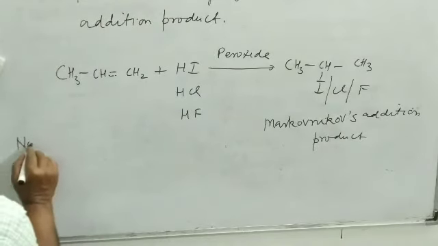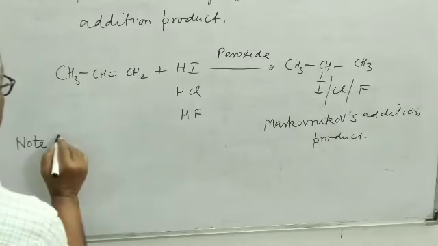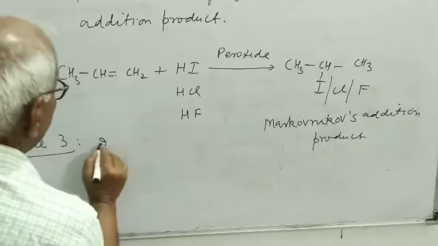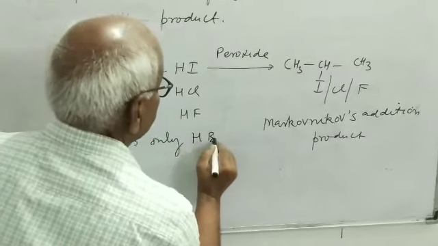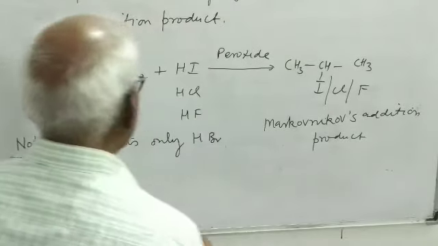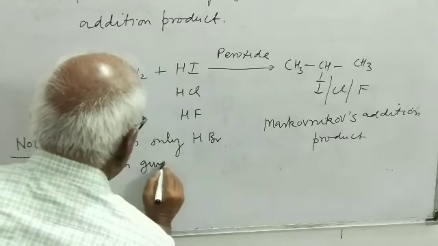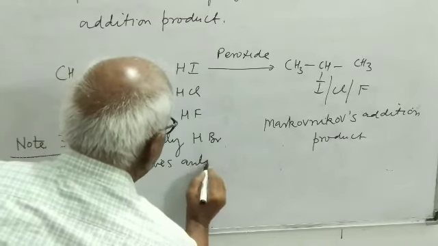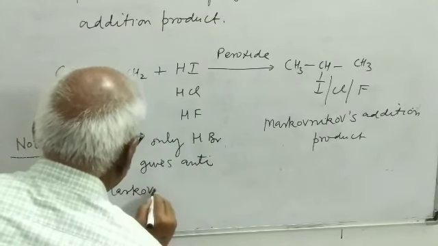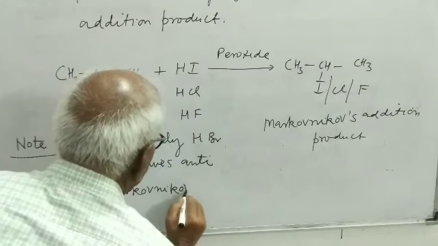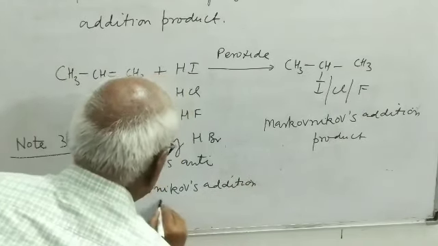Note 3. It is only HBr which gives the anti-Markovnikov addition product.